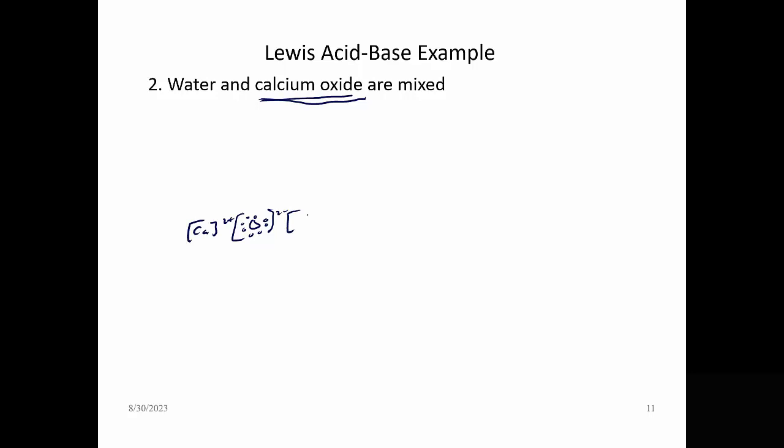And then we generate a lattice. A lattice is just the lattice of ions. This lattice is going to extend in 3 dimensions. So it continues. And so this would be solid calcium oxide.